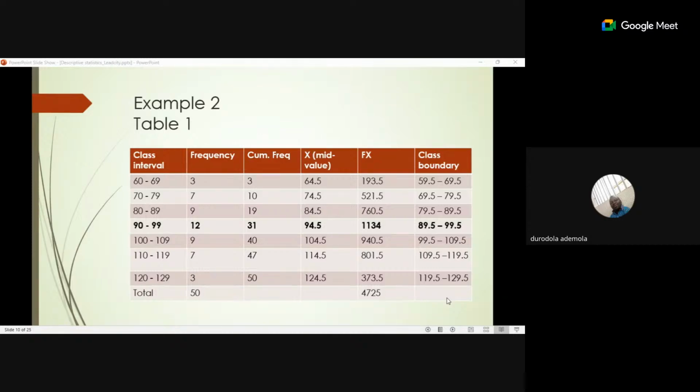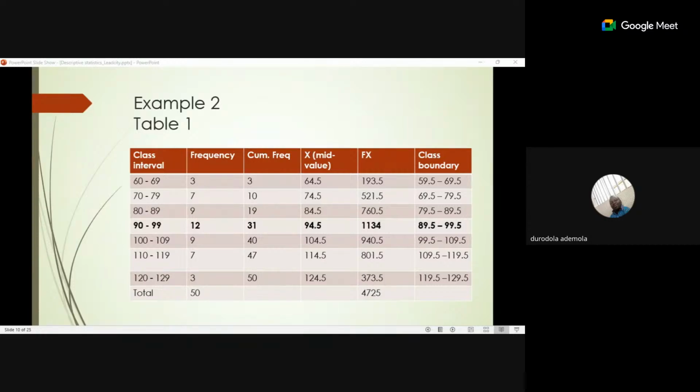For instance, from the table, we can subtract 60 from 70, or 69 from 79, or 70 from 80, instead of using 60, 69 plus 1. Is it right that way?